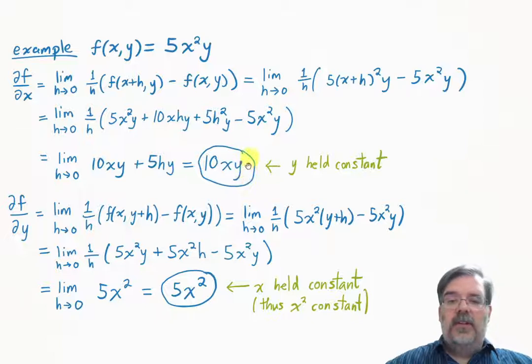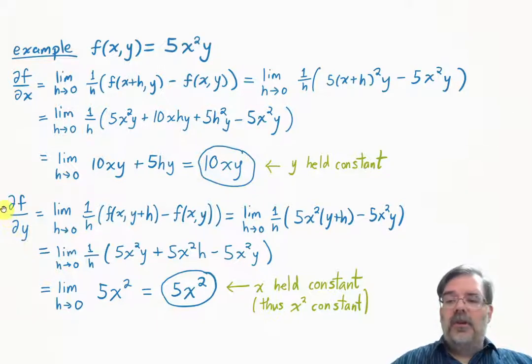Remember, during this calculation, y was being held constant. In fact, you can almost think of y as being treated like a constant. If this is 5x squared y, if this y wasn't here, the derivative of 5x squared would just be 10x. Keep that in mind. We'll return to this idea shortly.